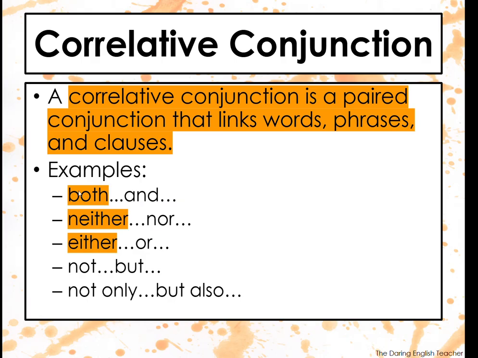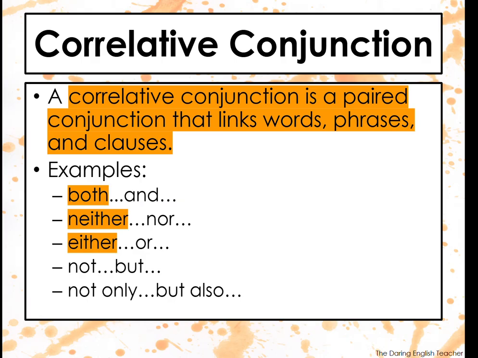Notice you're going to have words like both used with and, neither used with nor, either used with or. If you remember back to our coordinating conjunctions, we talked about how neither and either and both usually have very specific uses if they're being used as a coordinating conjunction.